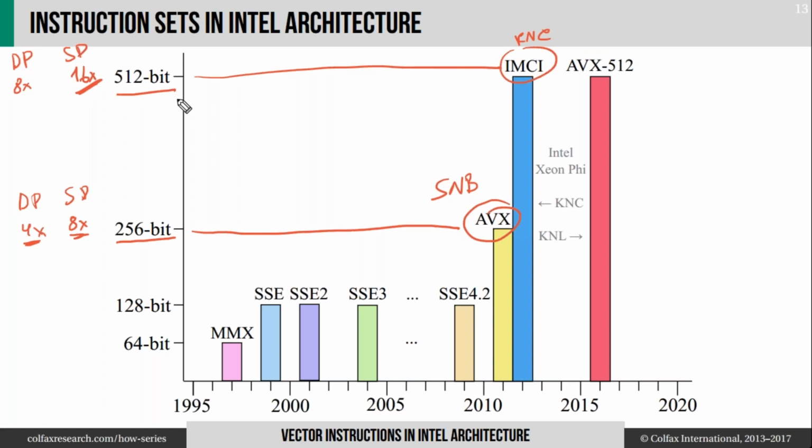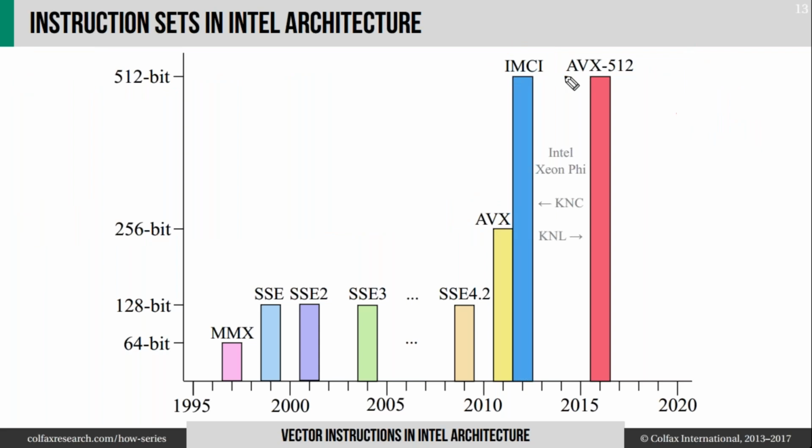512-bit vector extensions are not just for Xeon Phi. AVX 512, there's several modules of it. It will be used in future Xeon processors. For example, the Skylake architecture will support several modules of AVX 512.